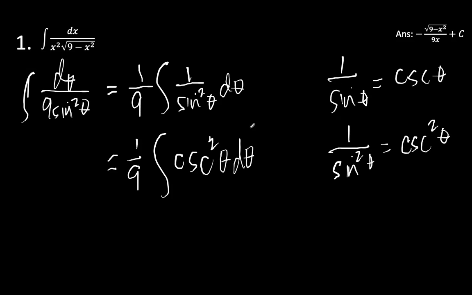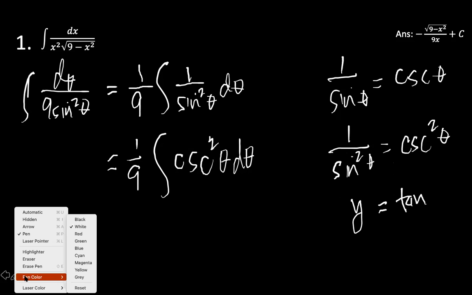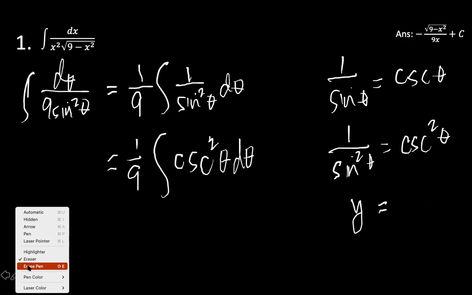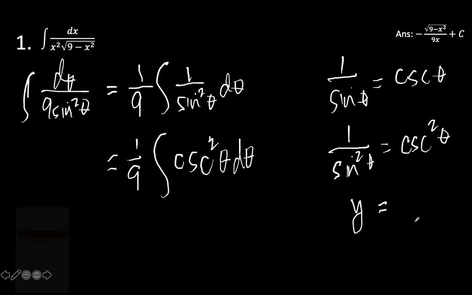All right. Now, our main concern here is to find the antiderivative of cosecant squared theta with respect to theta. But all I know is, if y is equal to... okay, what's that? Cotangent, sorry. Let me erase. All right, let me put a pen again.